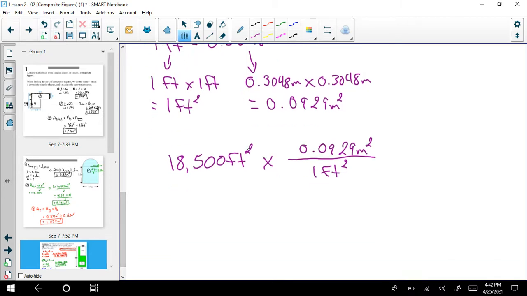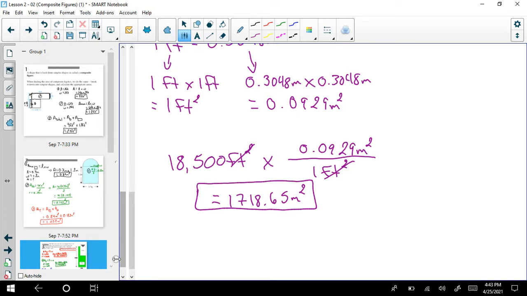So this is going to cross out the feet squared, and I'm going to end with meters squared. So I do 18,500 times 0.0929 meters squared, and then divided by 1. So this here equals 1,718.65 meters squared.